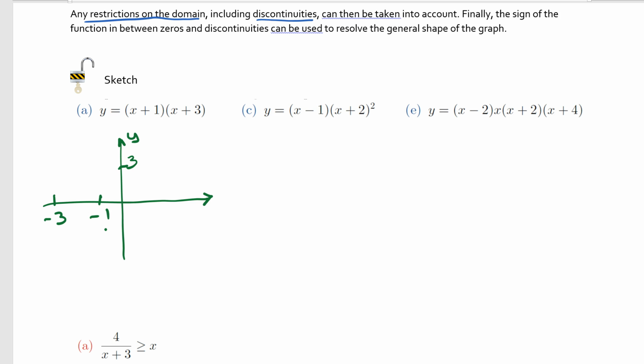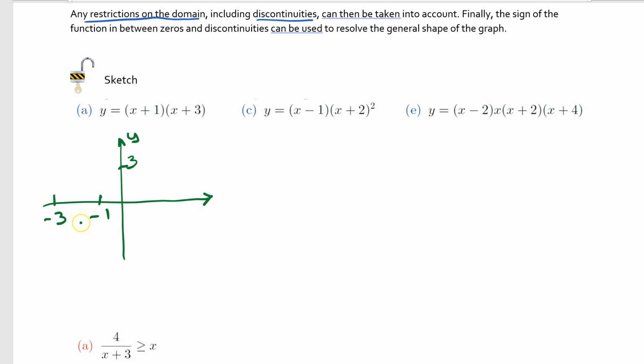Now if we had no idea after that, which is hard to imagine, what we could do is take these points and pick any point in between them and have a look at the sign of the answer. Not so much the value, but just the sign.